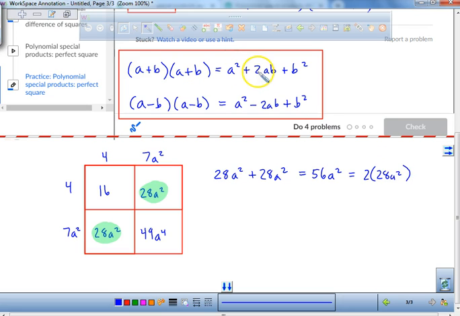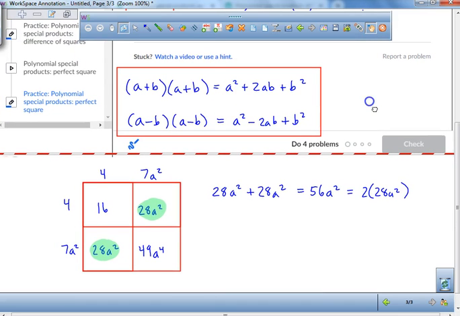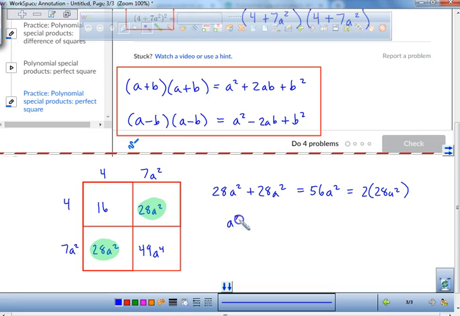So if you guys are wondering where this 2 comes from, you're always going to be doubling this every single time. 28a squared plus 28a squared is just 56a squared.